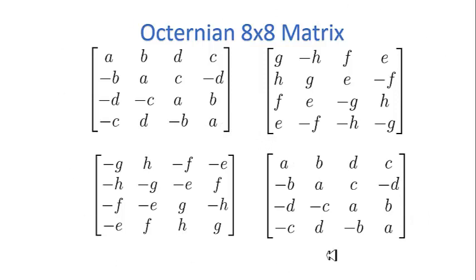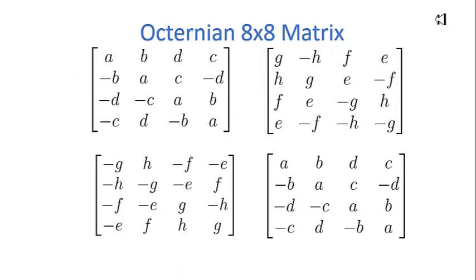So this whole thing now is an 8 by 8 matrix. This is a quaternion, and this is a quaternion, and this is a quaternion, only it was rotated minus 90 degrees, and this is a quaternion, only it was rotated minus 90 degrees. And so these two on the forward diagonal have the same sense, and these two on the backward diagonal have the opposite sense.